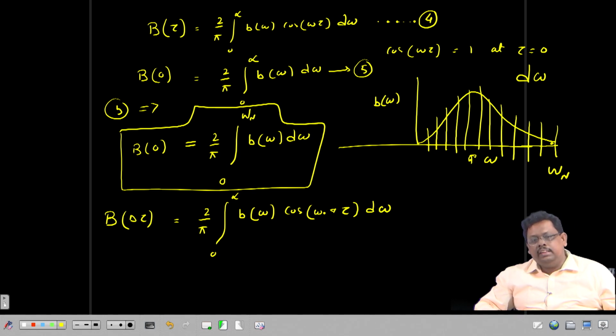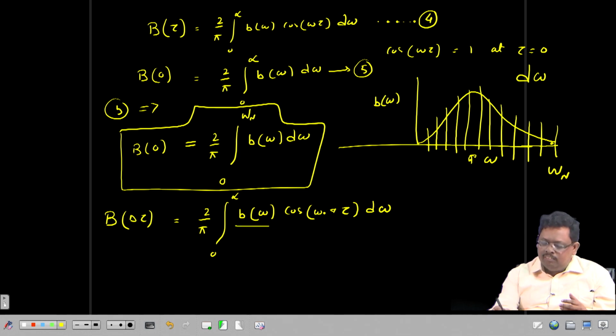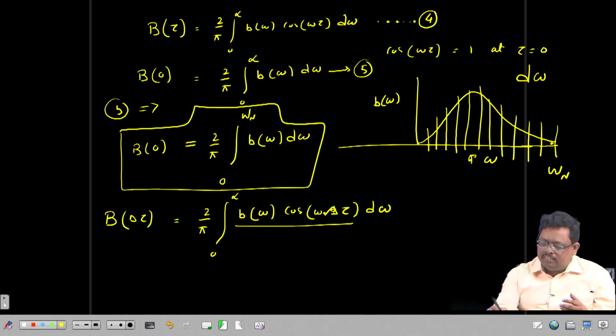You can say, what is the big deal, because in the last case I just integrated using the trapezoidal rule; now, instead of b omega, I can integrate b omega cos omega delta tau.